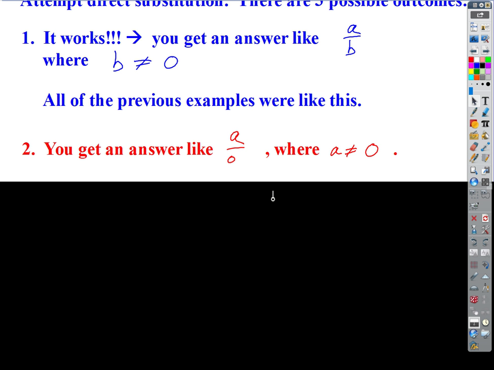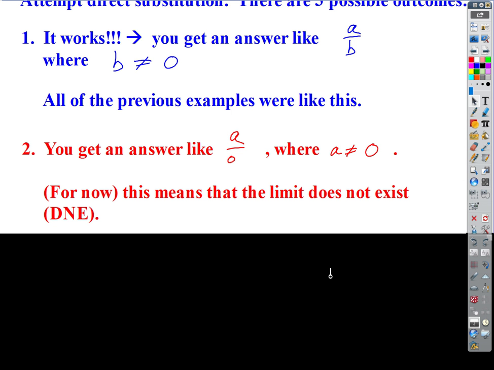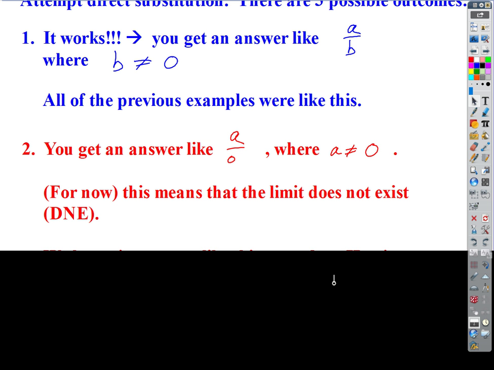What did we say about asymptotes and limits? Limits fail to exist. That's one of the three places that we talked about where they fail to exist, right? And so whenever you get a number divided by 0 when you attempt to use direct substitution, for now, at least, the answer is DNE, does not exist.